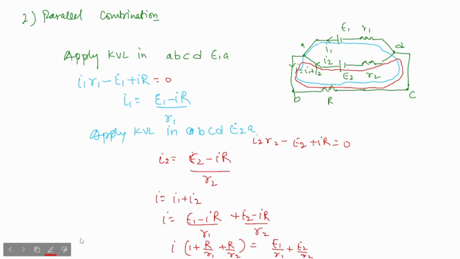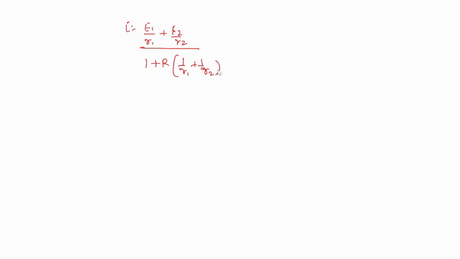From here you will get I is equal to E1 by r1 plus E2 by r2 upon 1 plus R by r1 plus R by r2.